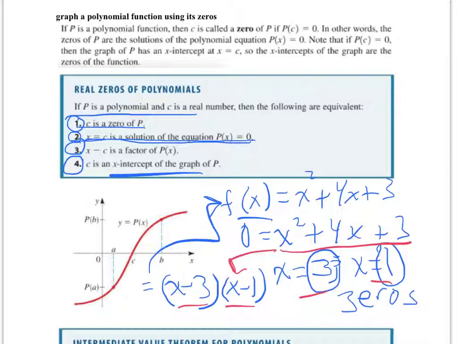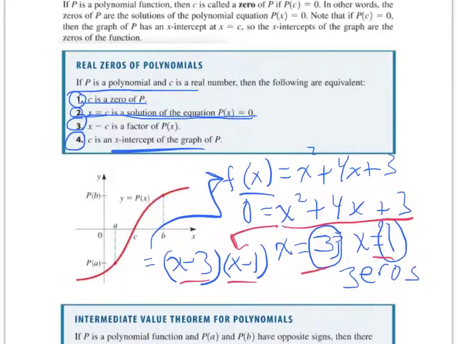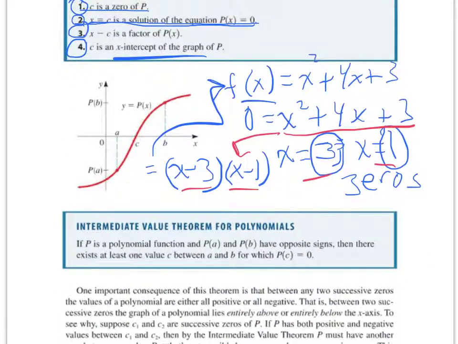Okay, well, that leads to the intermediate value theorem, which tells us that if there are two points on the graph of your function where the y-coordinates are of opposite sign, then there has to be at least one zero between the two numbers a and b.